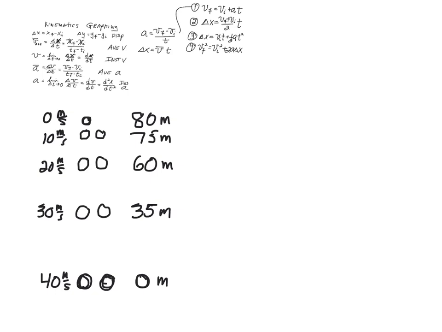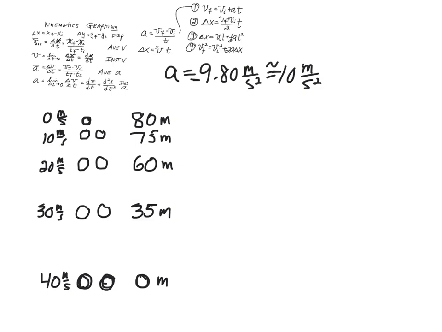When an object is in free fall or just thrown, whether it's going up or down, it's subject to the acceleration due to gravity, which is 9.8 meters per second squared. But in many cases, in the Minds on Physics exercises, just for the simplicity of the math, we'll use 10 meters per second squared. And actually that should be negative because it's down.